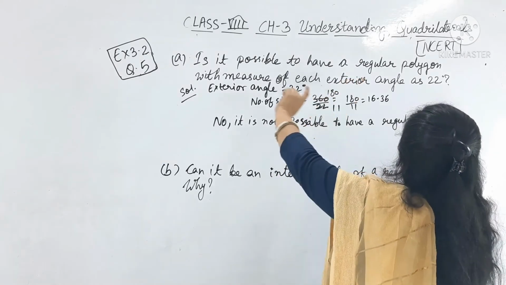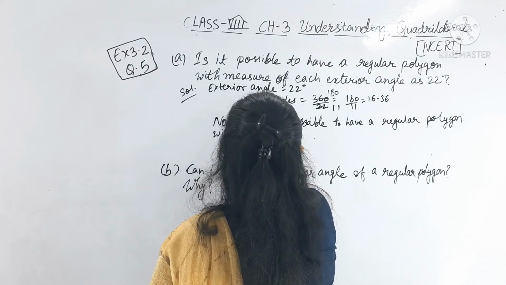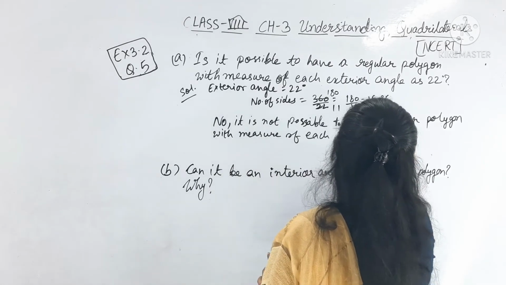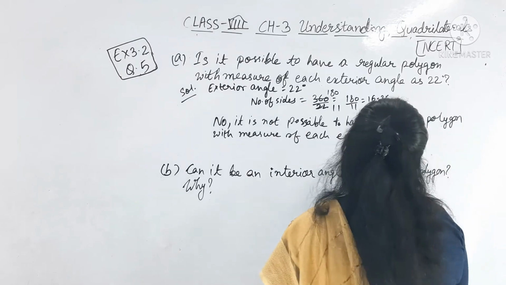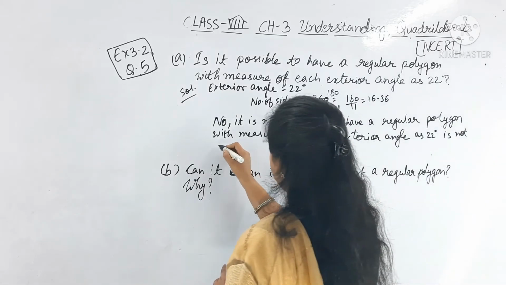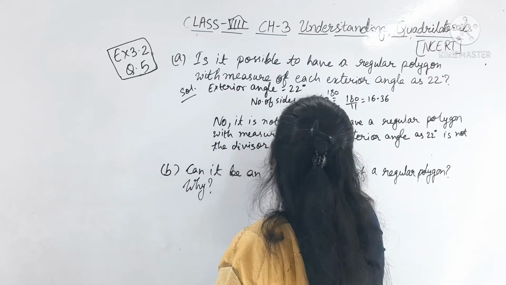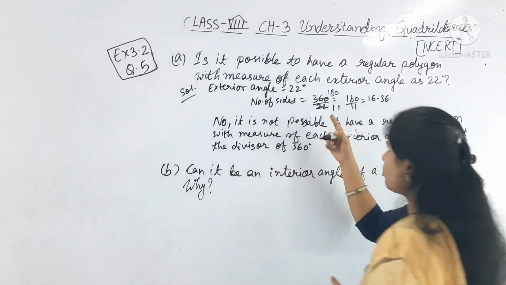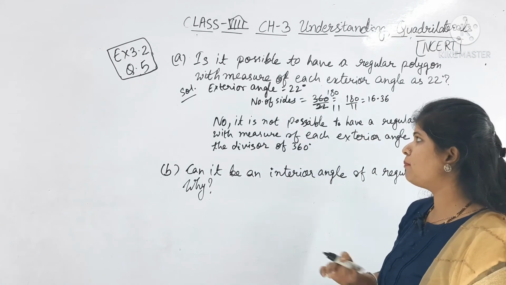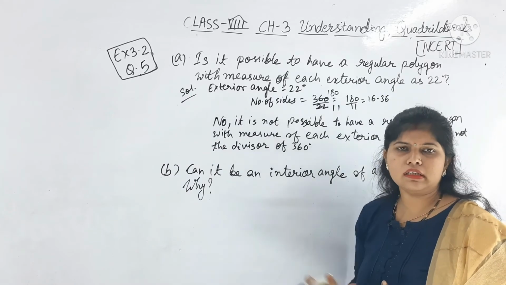Same you have to write with the question: with measure of each exterior angle as 22 degrees, is not the divisor of 360 degrees. Means 360 is not divisible by 22 degrees. Therefore, it is coming to a decimal number, and the number of sides is not a decimal number, and we can't approximate also in these polygons.